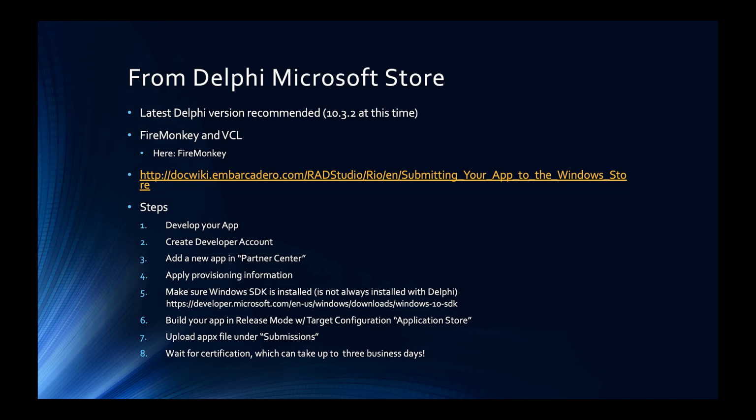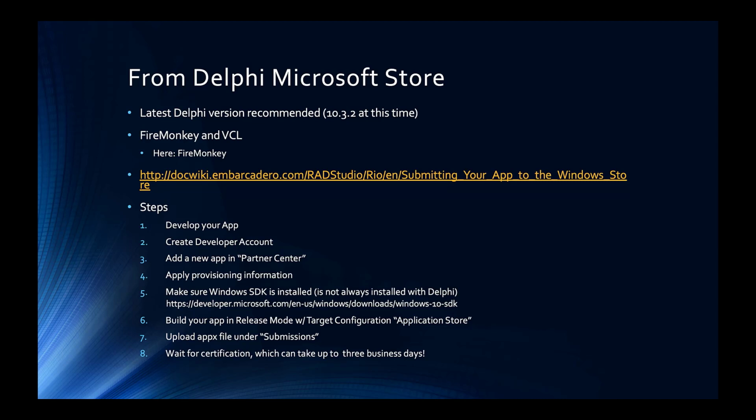All right. There is a short help page in the doc wiki. So go to that URL, and there is a summary of the steps required. There are even some references to different sites for Microsoft documentation and stuff like that.